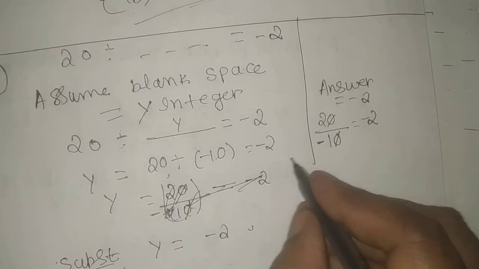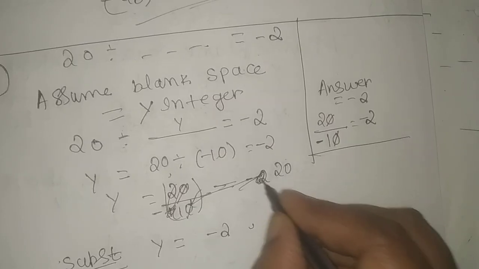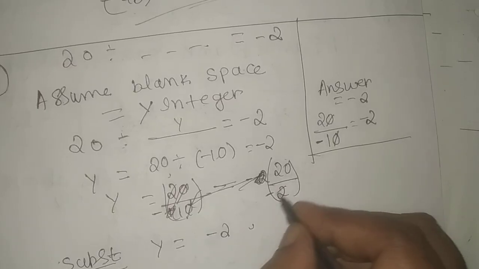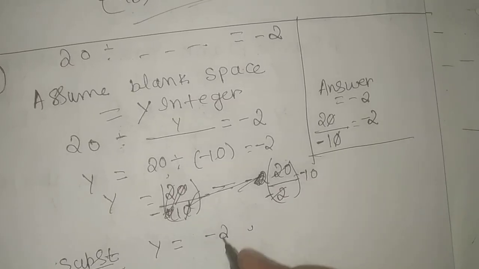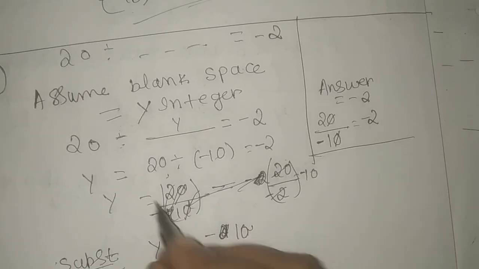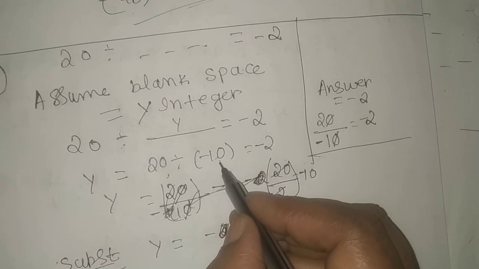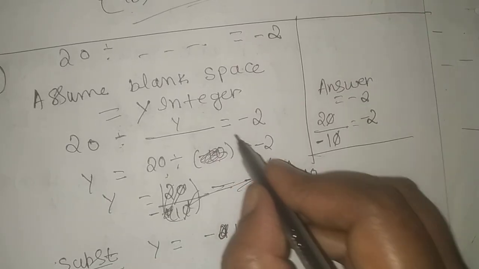See here once again. See, 20 divided by 2, that is not 10. 20 divided by minus 2, 2 fives are 10. Then y will become minus 10, not 2. So this is 10 here. Then I made a mistake here also. Yeah, 20.